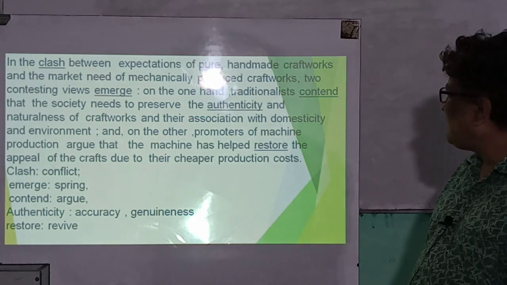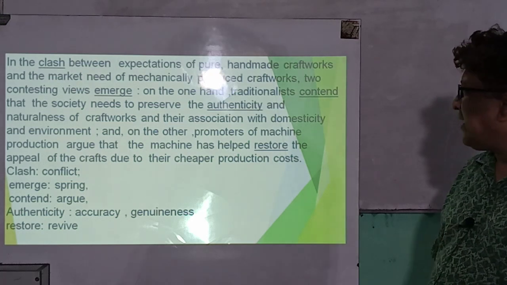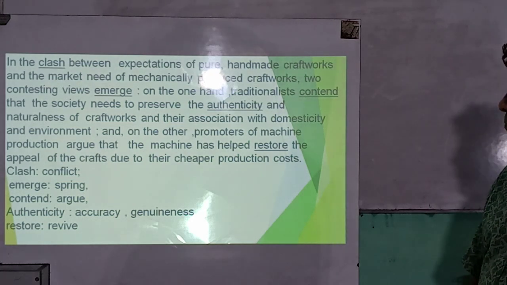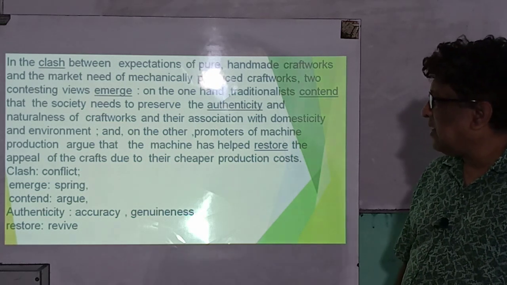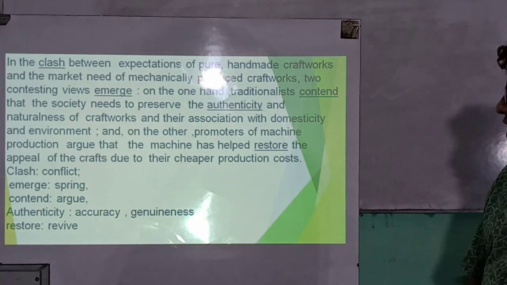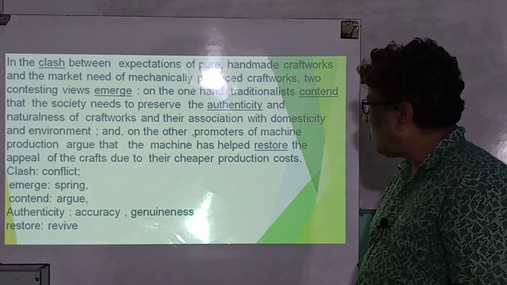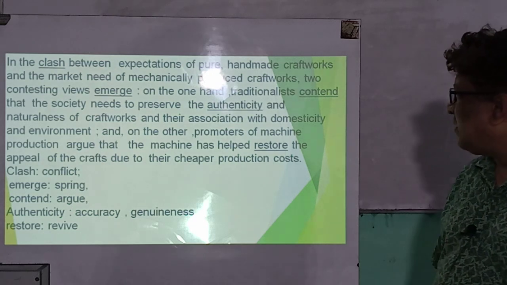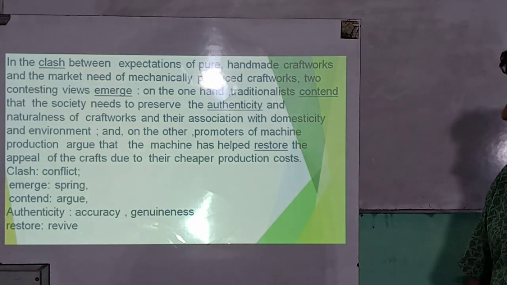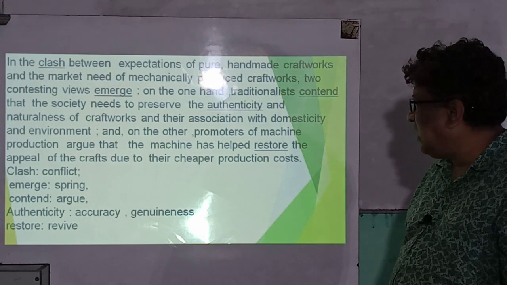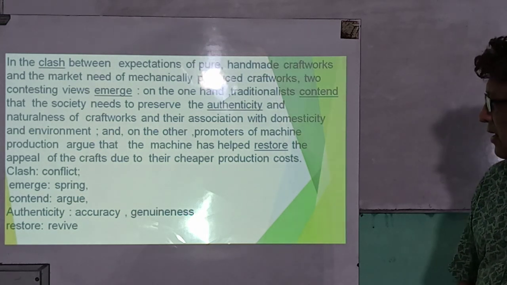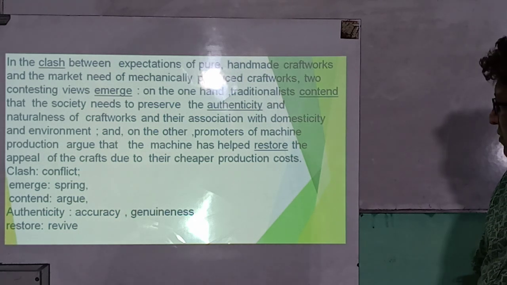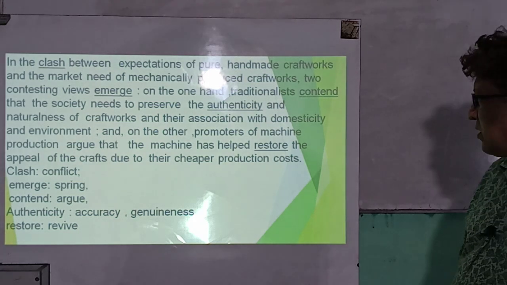On the one hand, traditionalists contend that the society needs to preserve the authenticity and naturalness of craftworks and their association with domesticity and environment. And on the other, promoters of machine production argue that the machine has helped restore the appeal of the crafts due to their cheaper production costs.